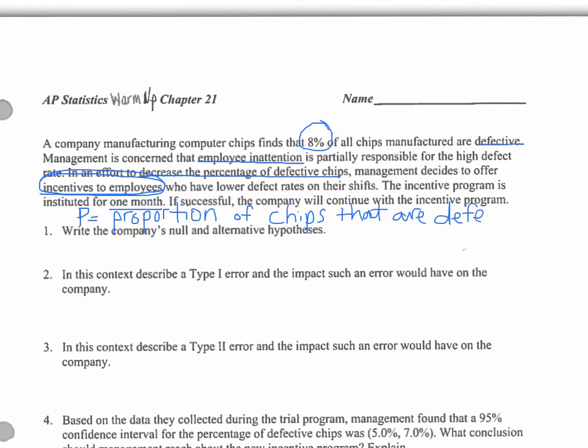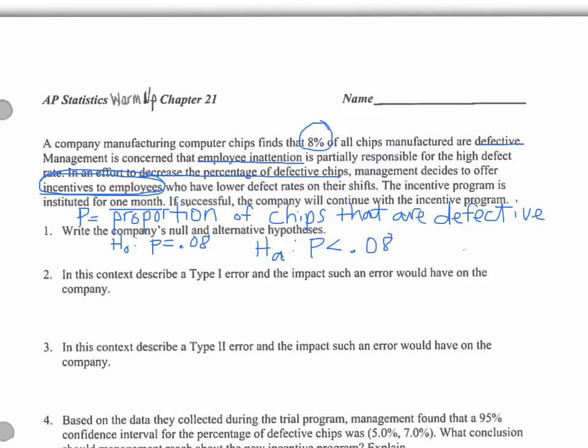And so it's in the whole company. They're seeing if the proportion of the chips in the whole company that are defective is what proportion that is. And so then our null, of course, is that it is maintaining at 8%. Okay? And so then our alternative is what they're, in this case, wanting to achieve, and that's to see if the proportion has decreased.